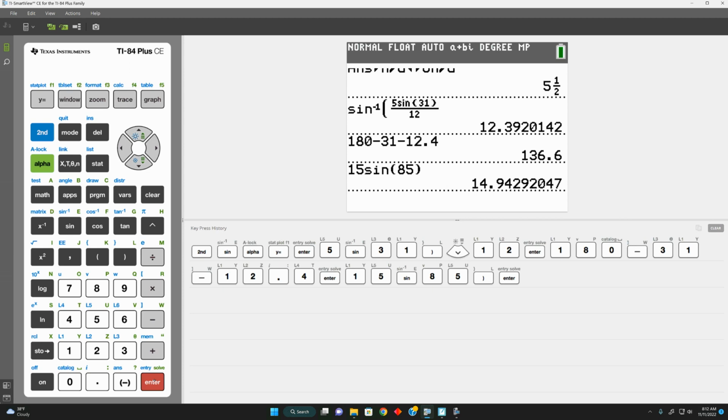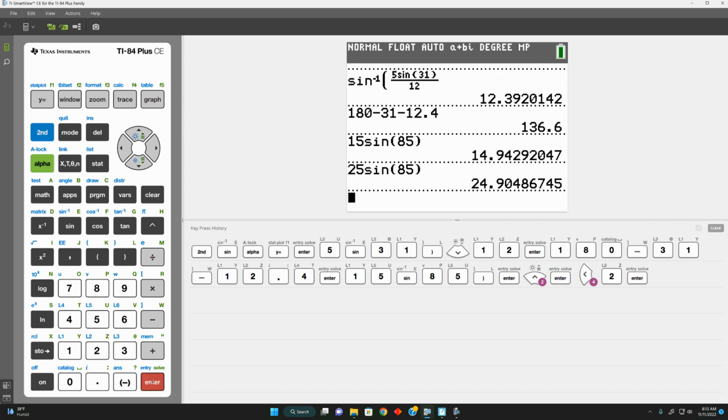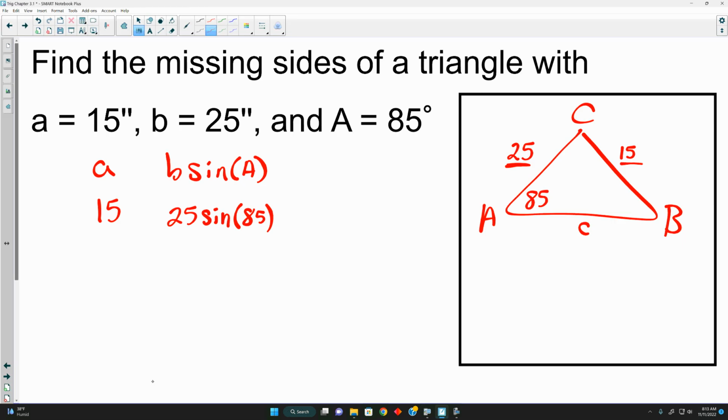And we get 24.90. That's a better number. 24.90. And how does it relate to our 15? Well, 15 is less than it, yes? A is less than B sine of A. So which one does it tell us that it is?